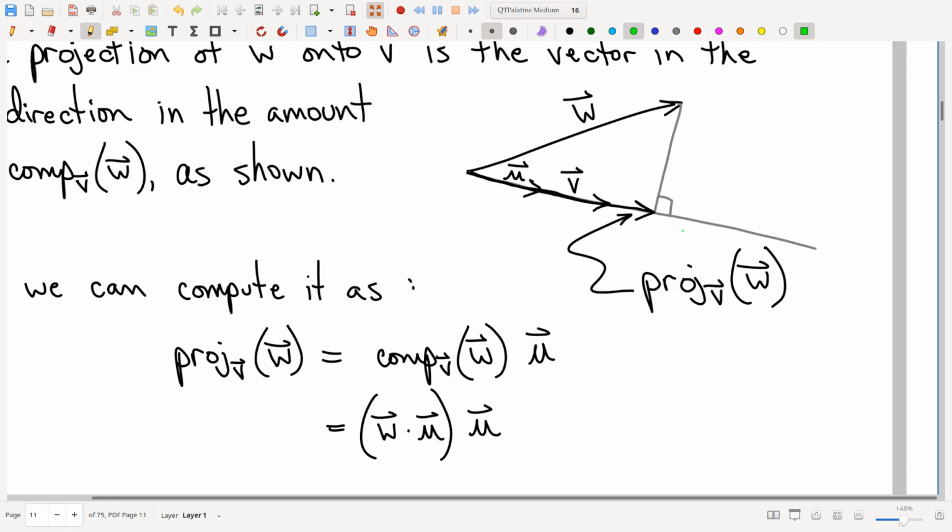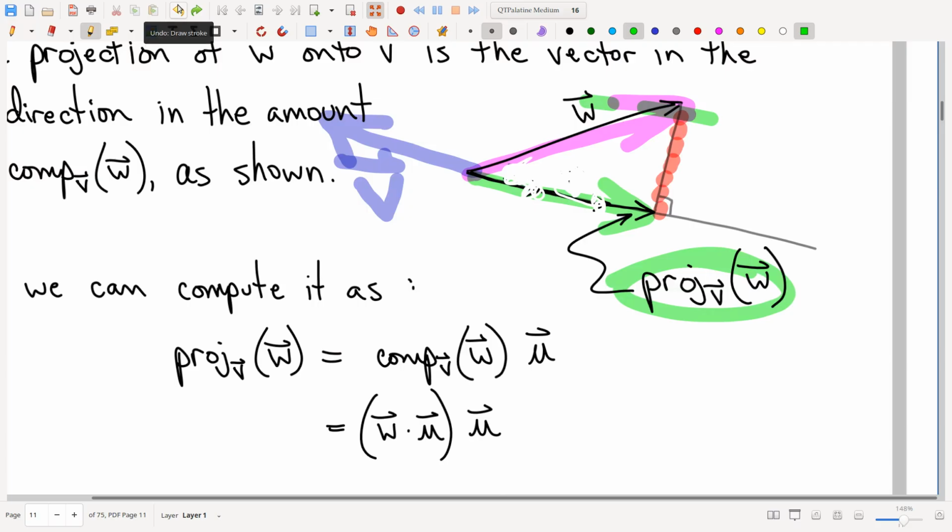Also, in the picture you just drew, when V was in the opposite direction, what would be the component? The component there would be negative. Let me flip back to it. The component's negative because when you drop this perpendicular, it's not going in the direction that V is going.